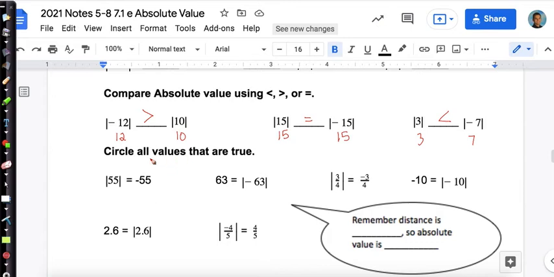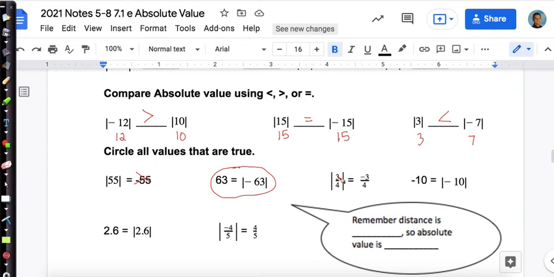So over here, it says circle all values that are true. So I'm going to find the absolute value and see if it's actually true. The absolute value of 55 is positive 55, so this is not true. Now here, I just flip-flopped this, so right here, the absolute value of negative 63 is positive 63, so that is true, so let's circle.